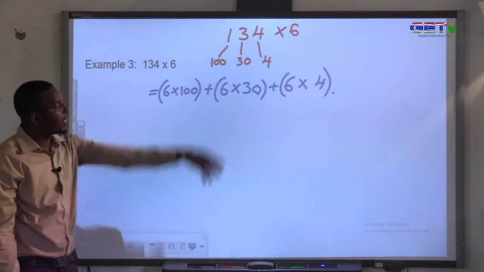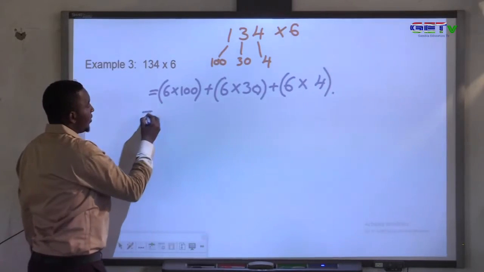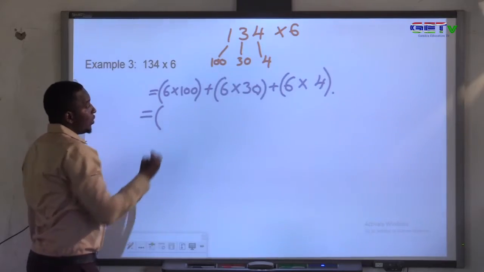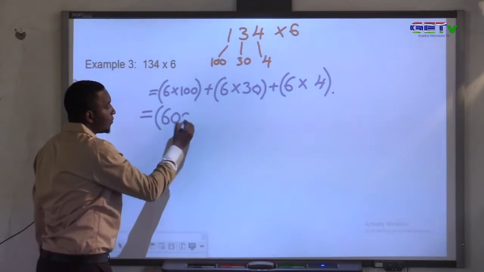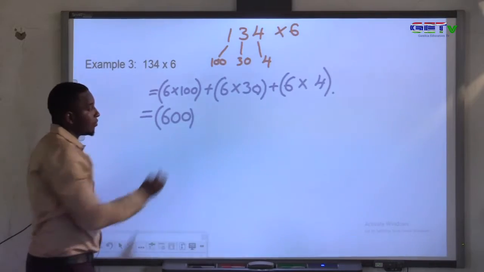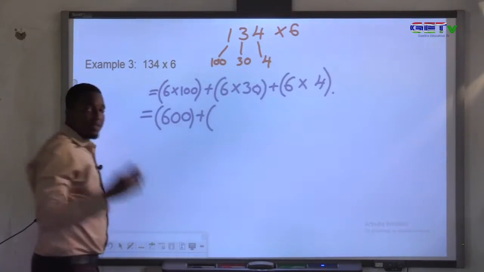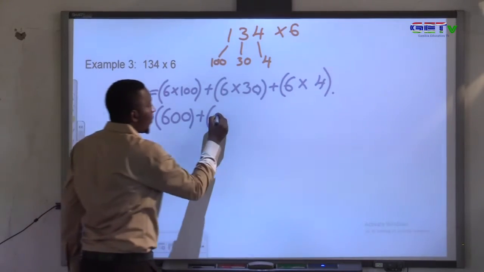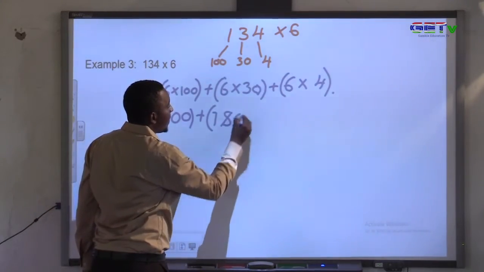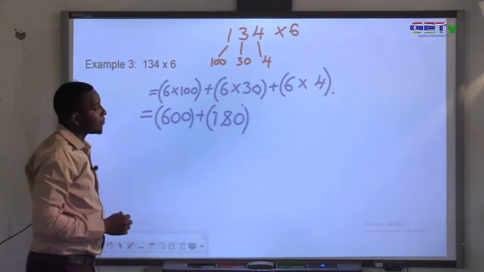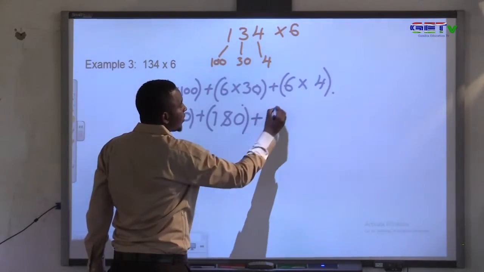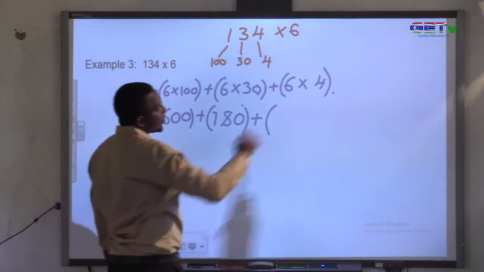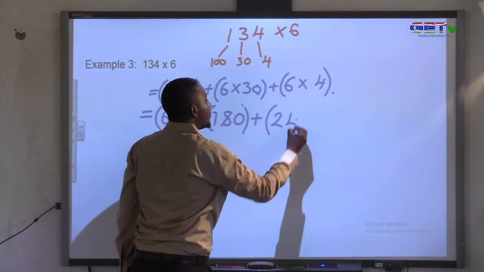So again, we do the multiplication and see what we are going to have. 6 times 100 will give us 600, plus 6 times 30 will give us 180, plus 6 times 4 will give us 24.